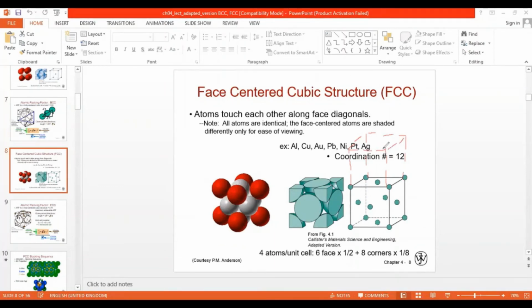Since these diagrams are in green, I will also draw in green. Right. So in this cube, I have an atom here. So in this cube also, I will have that atom here.